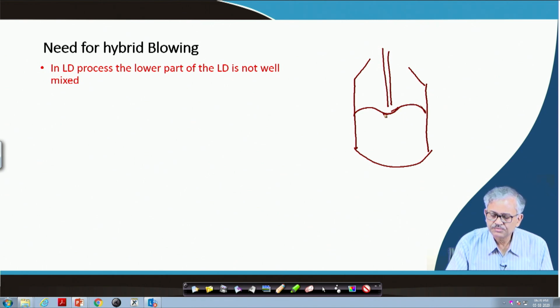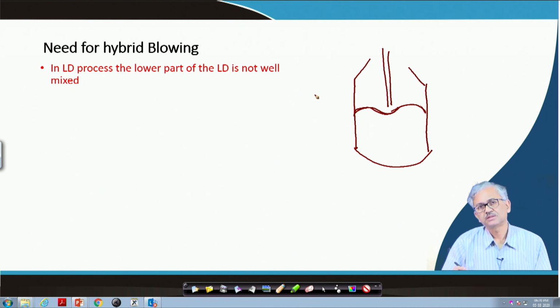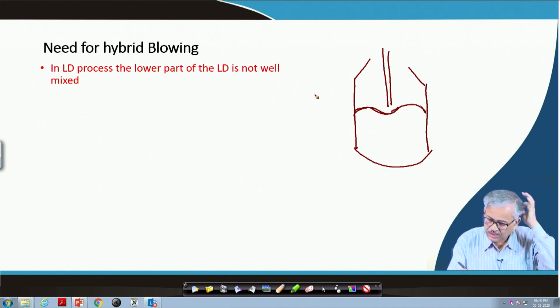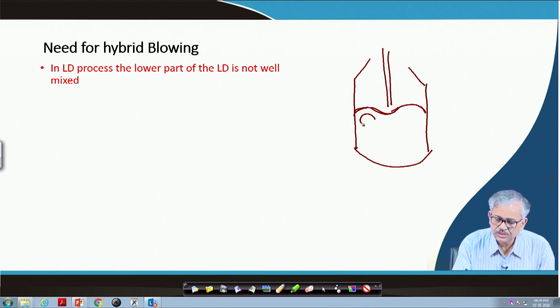So, some crater has formed, and then the liquid will move in this way, and then this way.